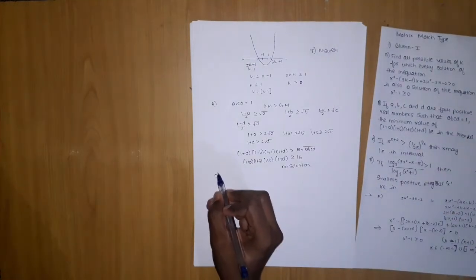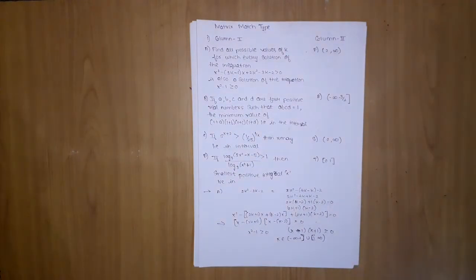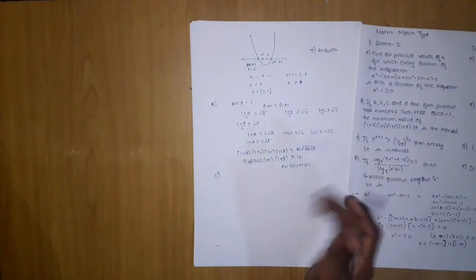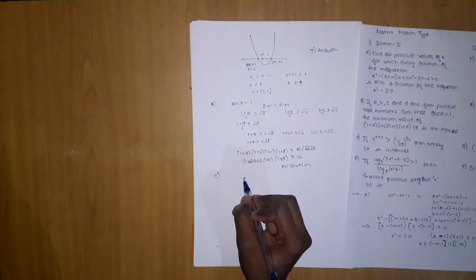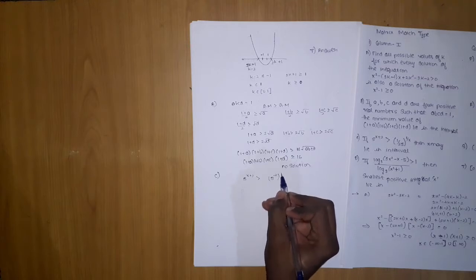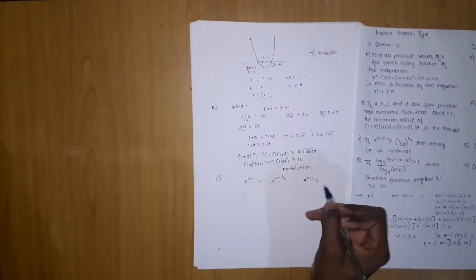Okay, let's see. In C, it is telling if 5 to the power x plus 2 is greater than (1 by 2) to the power 1 by x, then x may lie in the interval. Okay, how can we solve this? Now let's see. 5 to the power x plus 2 is greater than, we can write it 5 to the power minus 2 to the power 1 by x, and which will indirectly give us 5 to the power x plus 2 is greater than 5 to the power minus 2 by x, right guys?